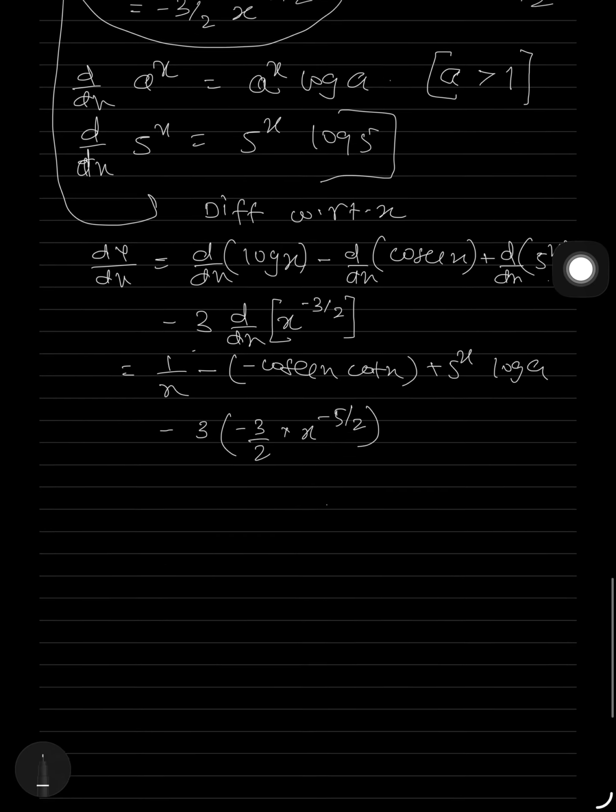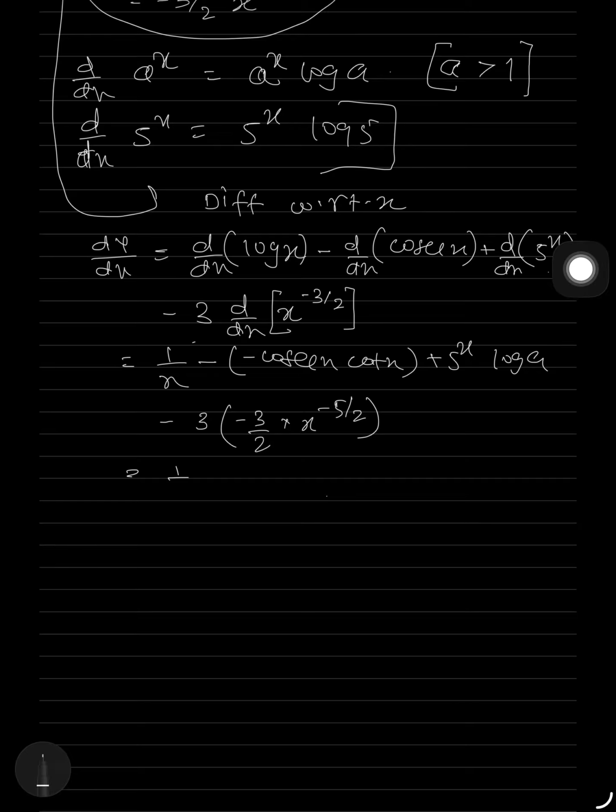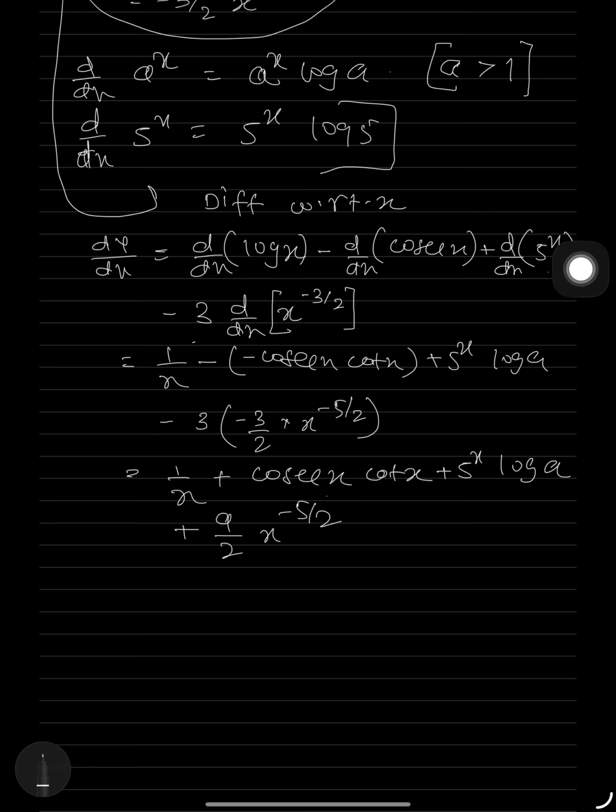So the final answer is 1 by x minus minus plus cosec x cot x, plus 5 raised to x log a, minus minus plus 3 threes are 9 by 2 x raised to minus 5 by 2.